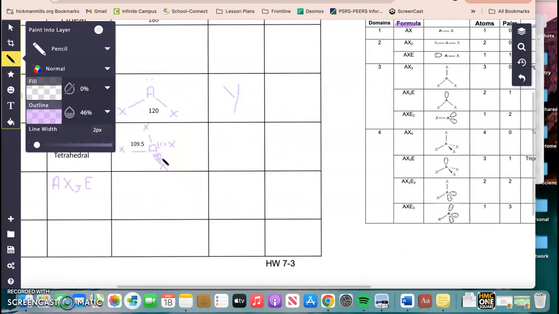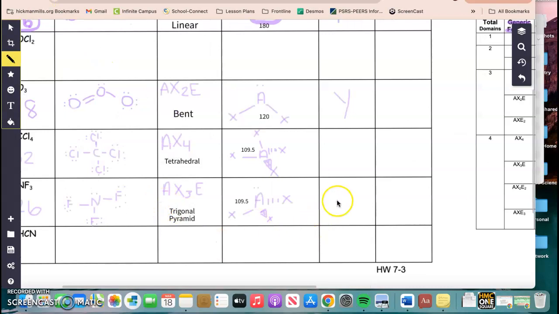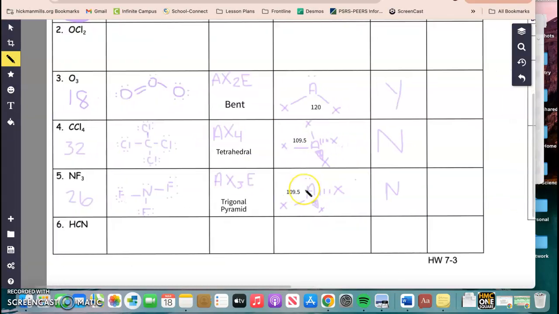And so for our trigonal pyramid, it's very similar to the one above. So we have our A, X, our lone pairs, our dashed line with our X, and then our solid triangle with our X. Okay, and this one doesn't have any double bonds, so it would not have resonance. And I meant to say that to the earlier one, so CCl4 also does not have resonance.